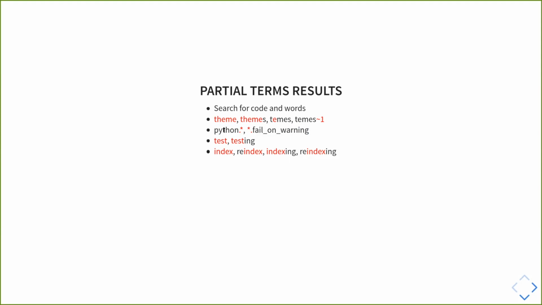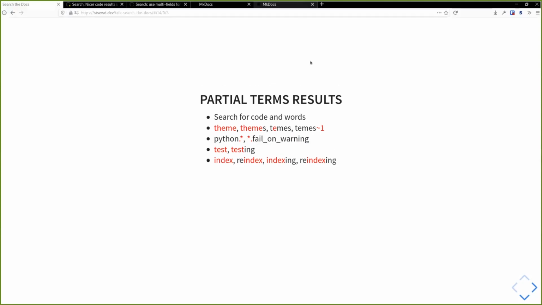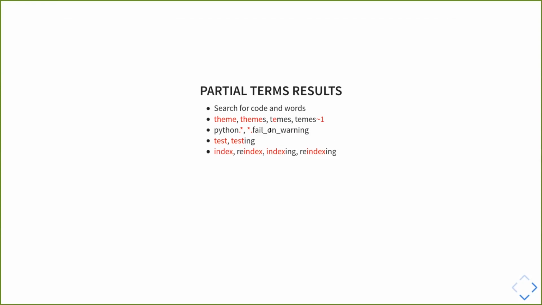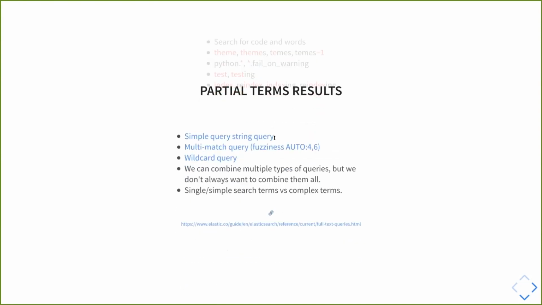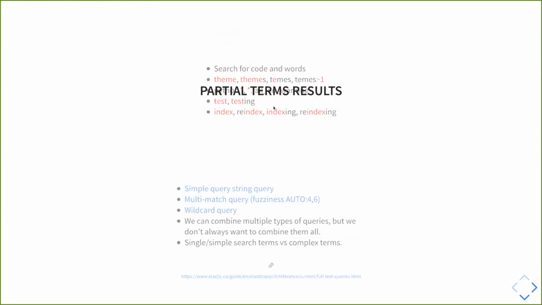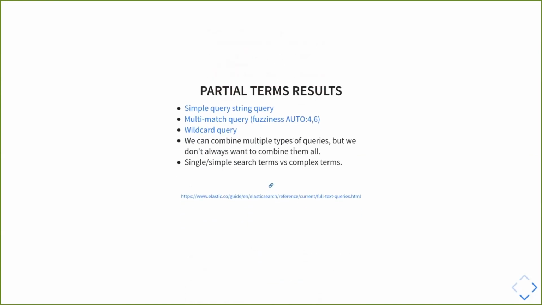You only know the start of the word, so you want a wildcard search in that. So we started adding that to solve that problem. And yeah, it works. Gives nice results.